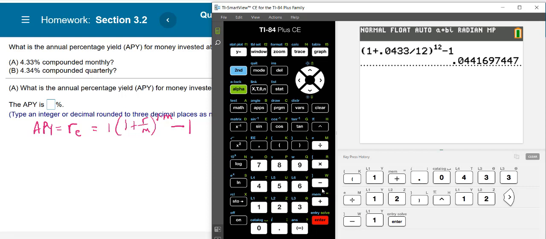Now notice in the answer box they already have the percent sign, so we've got to convert this to a percent. That would be move the decimal 2 places to the right, and we also have to round to 3 decimal places. So that would be 4.417.